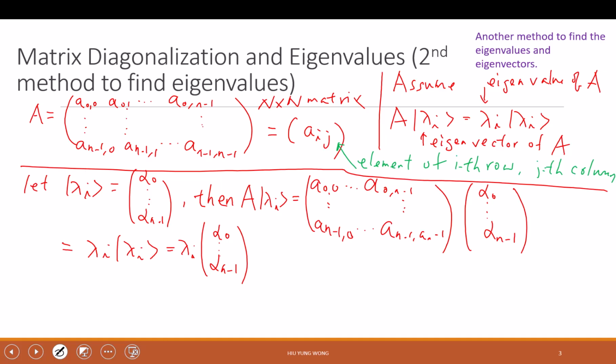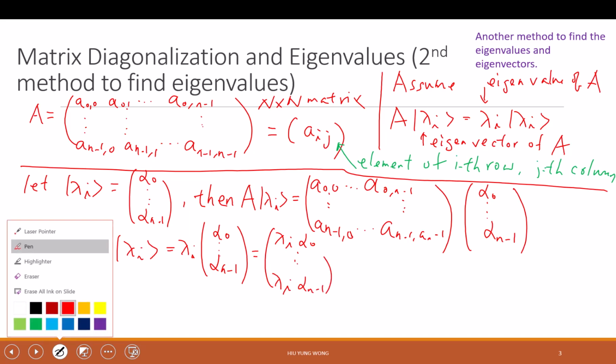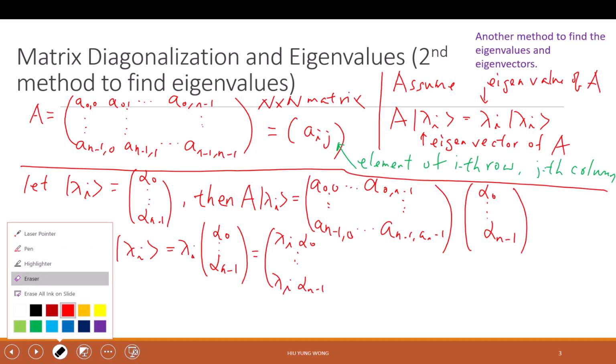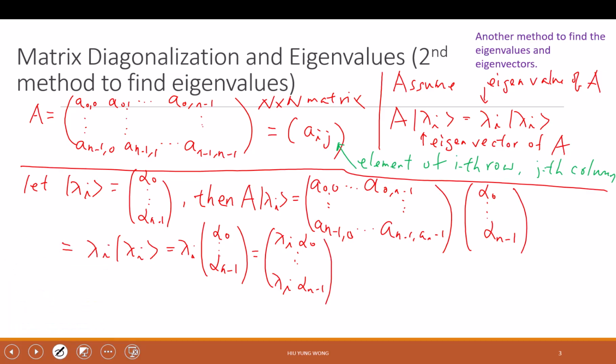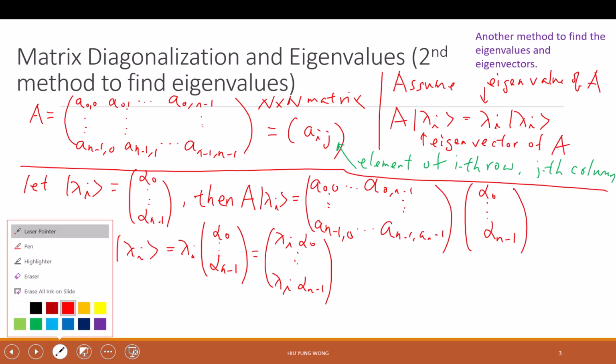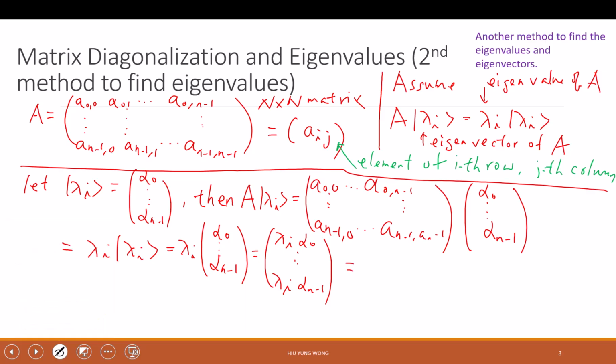Now, just want to play a trick. I want to show you that this is also equal to what? Because if I do the multiplication, this is just λi alpha 0 all the way to λi alpha n minus 1. Is this okay? When we multiply a scalar to a vector, all the elements will get multiplied by that scalar, right? Now this one I also can obtain as what?